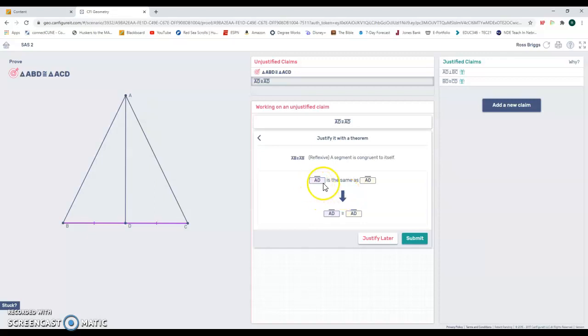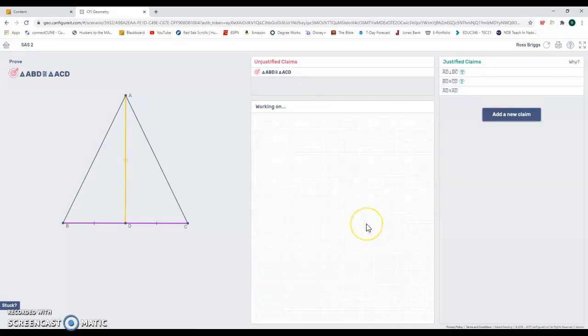The fact that this is true implies that this is also true, that segment AD is congruent to segment AD. It's kind of like an if-then statement. So if segment AD is the same as segment AD, then segment AD is congruent to segment AD. And this is true, so this is true. It's a classic if-then statement. So let's submit it, see if we got it right. Bingo! We got it.